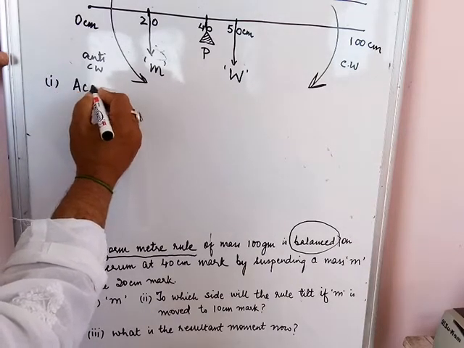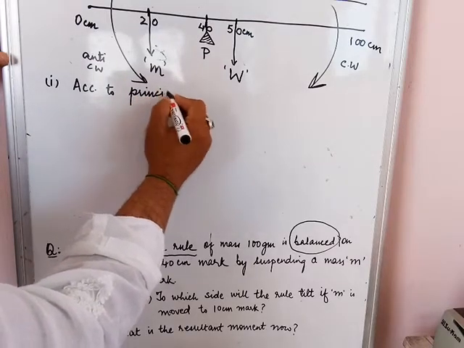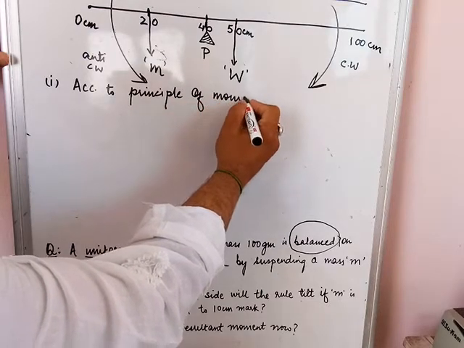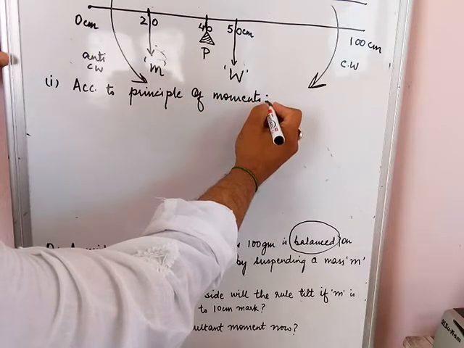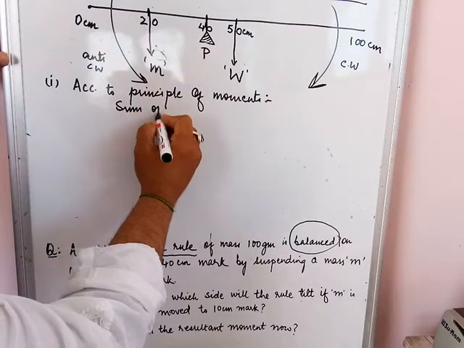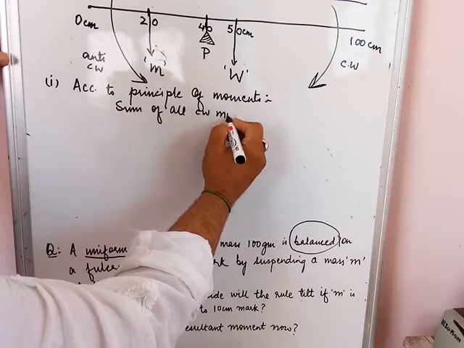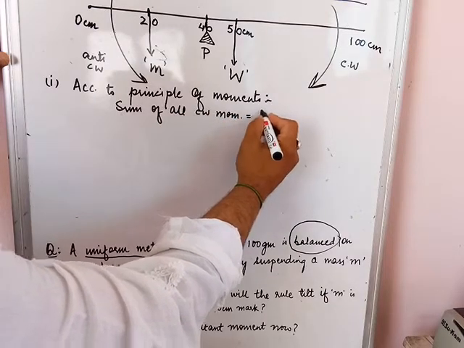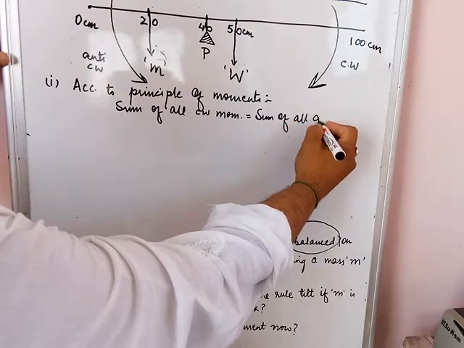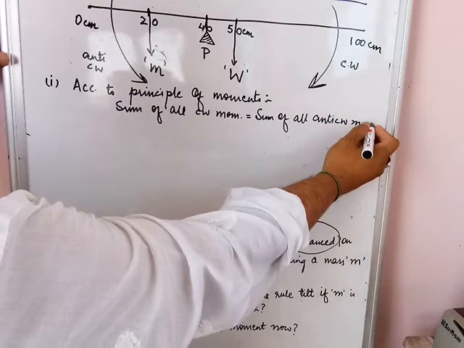So according to the principle of moments, what happens? Sum of all clockwise moments will be equal to sum of all anti-clockwise moments.